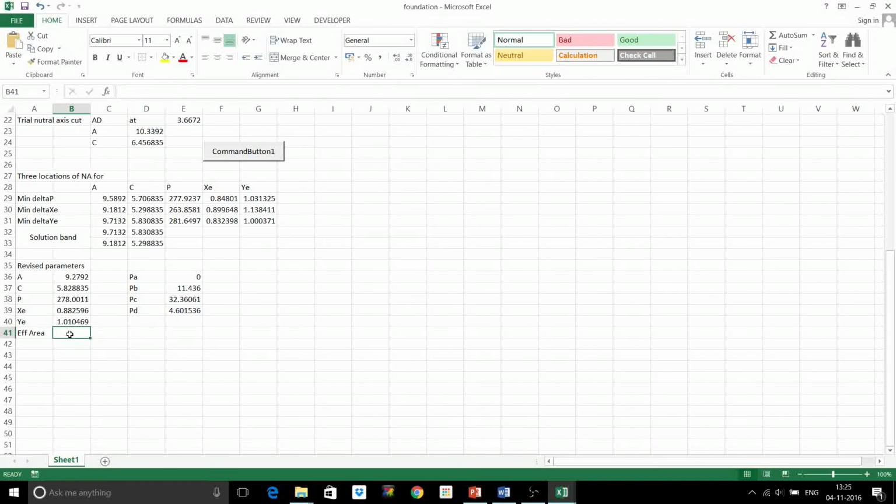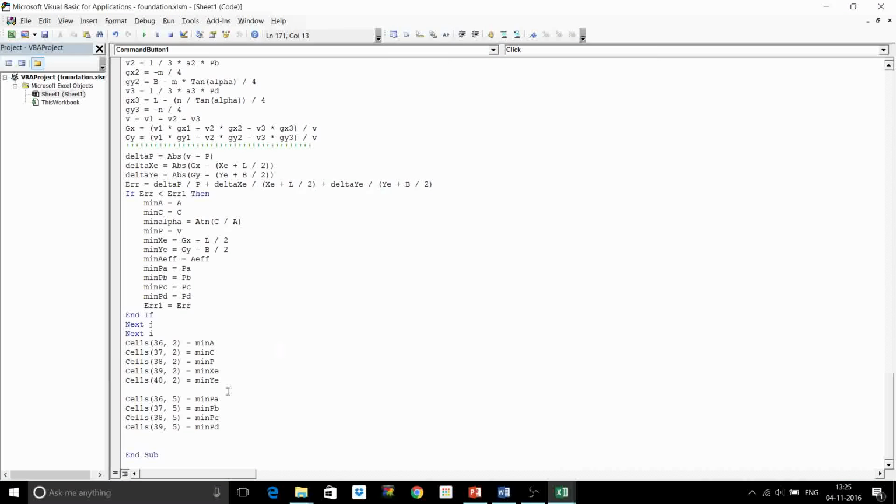Effective area we forgot, so we'll put effective area also. 41 and 2 equal to min A effective.